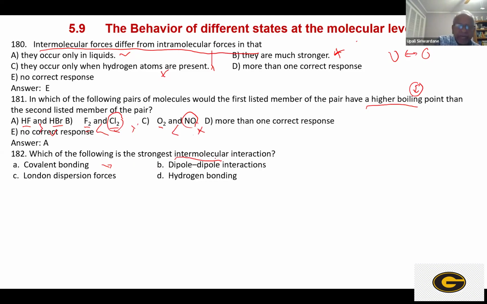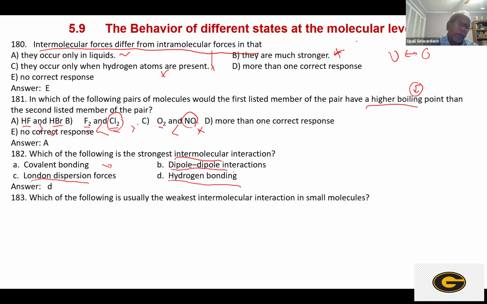They are intramolecular. Dipole, London dispersion, hydrogen bonding are the three intermolecular forces present in molecules. Stronger interaction is hydrogen bonding. D is the correct answer.